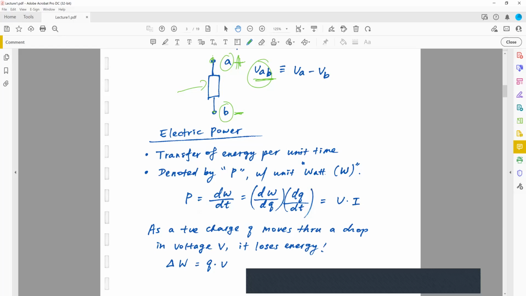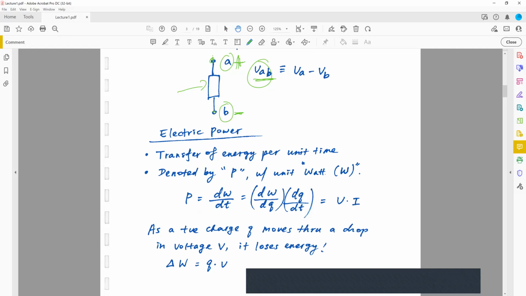And this simply is equal to dW over dQ times dQ over dt. I can decompose this term into something that we just learned: dW over dQ, which is simply this voltage, and dQ over dt, which is nothing but your current. So P simply is equal to V times I, or I times V. They're the same.